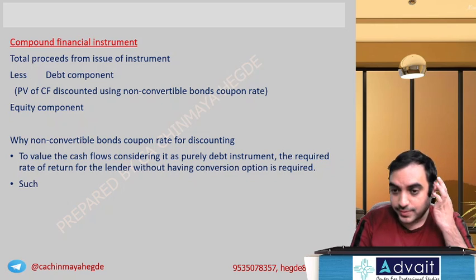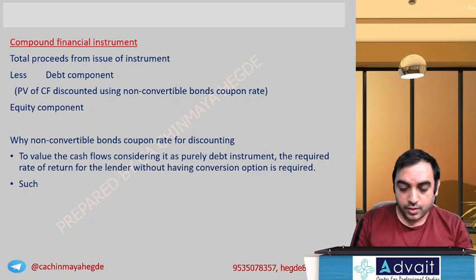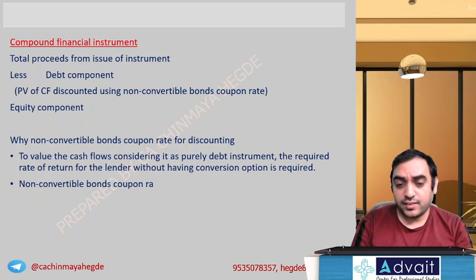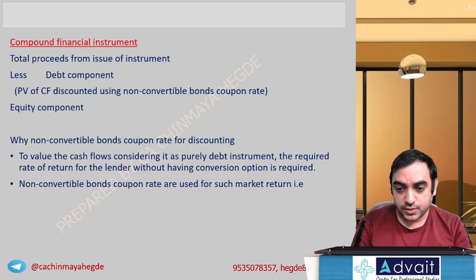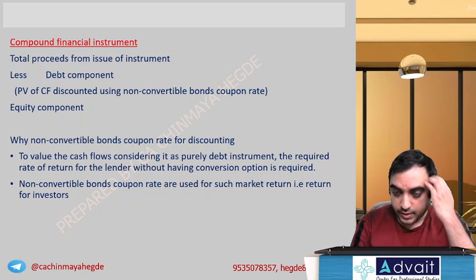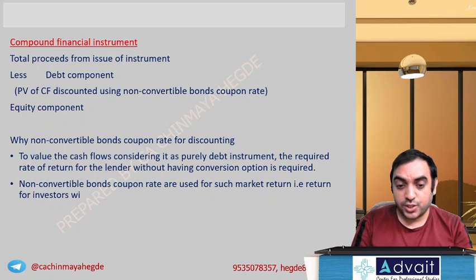Such non-convertible bonds' coupon rates are used for such market return, that is, the return for investors without having a conversion option.